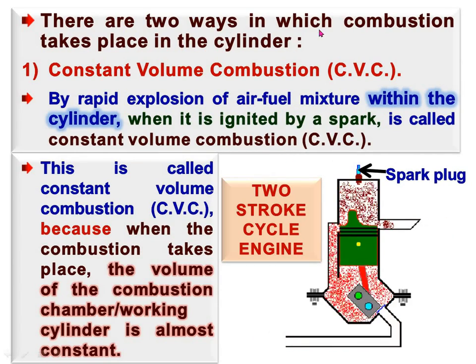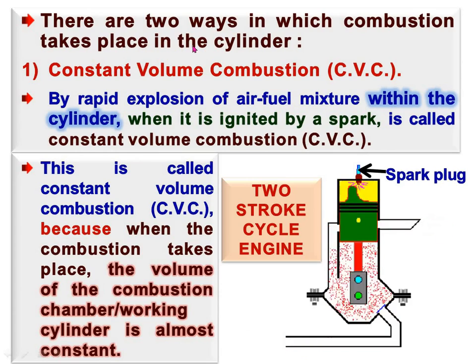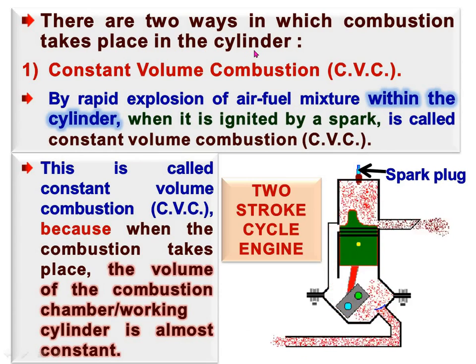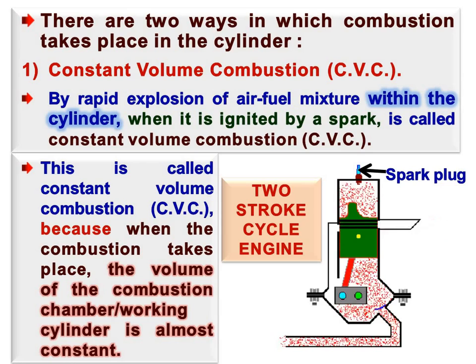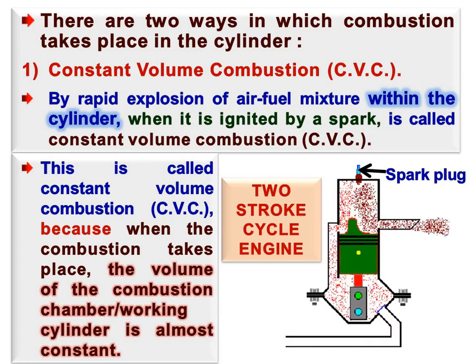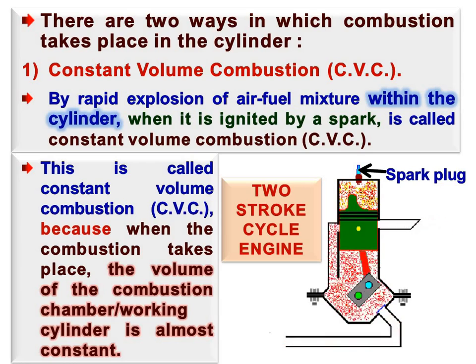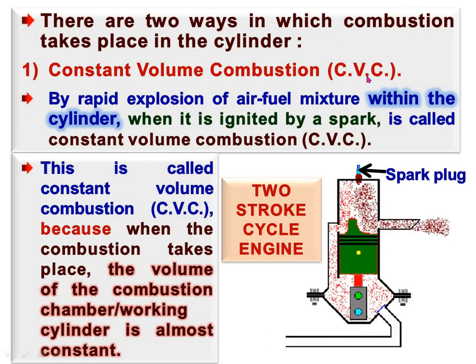There are two ways in which combustion takes place in the cylinder. Here we have seen that our fuel is burnt inside the cylinder, but the combustion of this fuel takes place in two ways. First, constant volume combustion, that is called CVC.